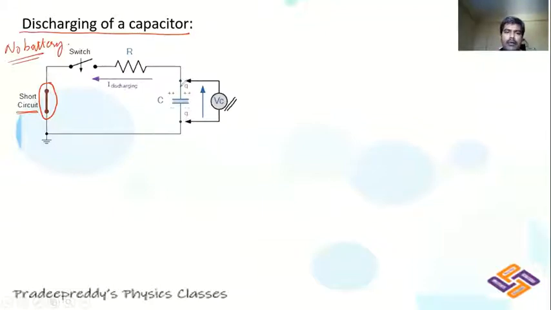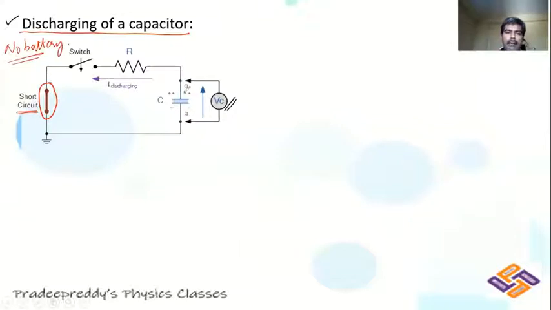As a result, the voltage across the capacitor decreases and voltage across the resistor increases. The capacitor acts as a battery for the resistor, so the voltage across the capacitor decreases, and as the voltage decreases, charge on the capacitor decreases, and current flows in the circuit. That's how discharging of a capacitor takes place when you connect a fully charged capacitor with a resistor.